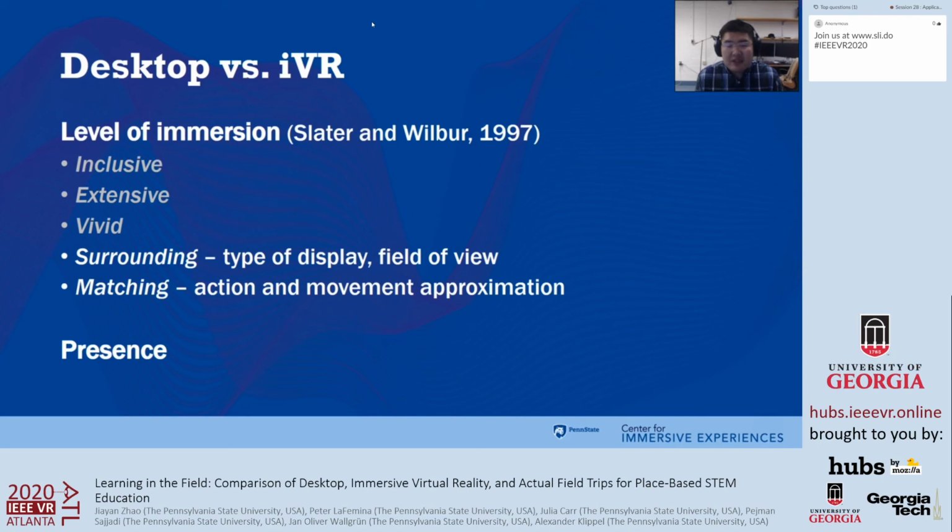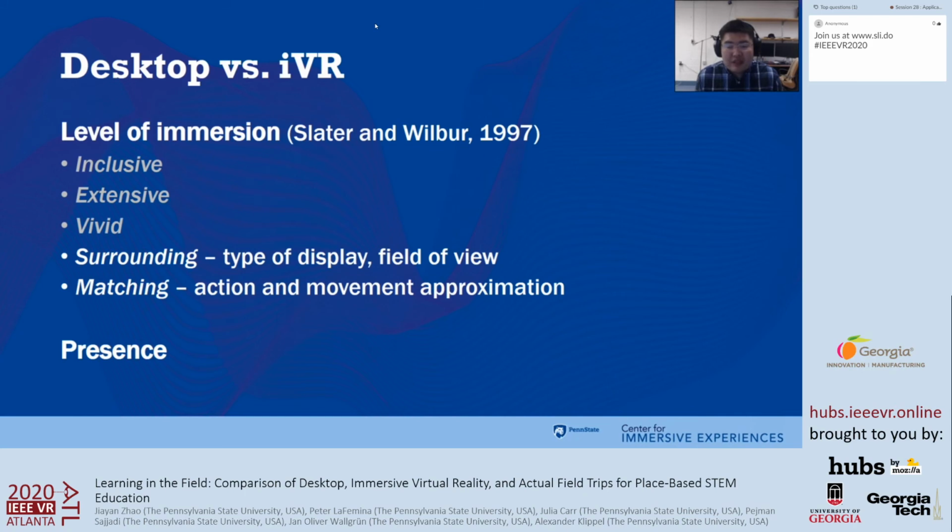Second, matching considers how well the technology approximates actions and movements in the virtual space. For example, IVR systems use external tracking sensors to enable real-time position and orientation tracking such that users can physically move in the virtual world.